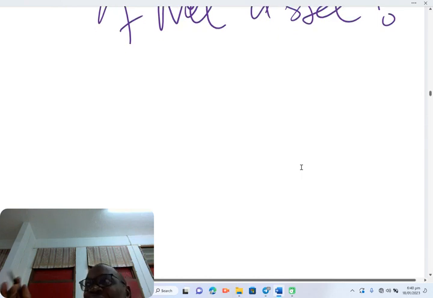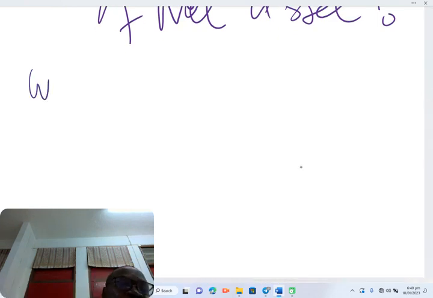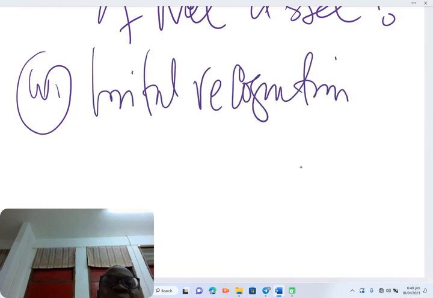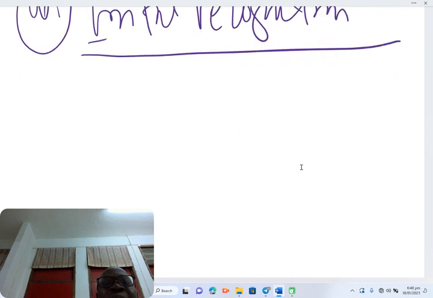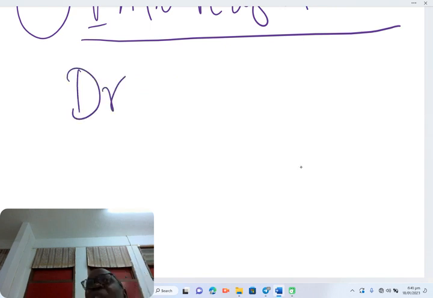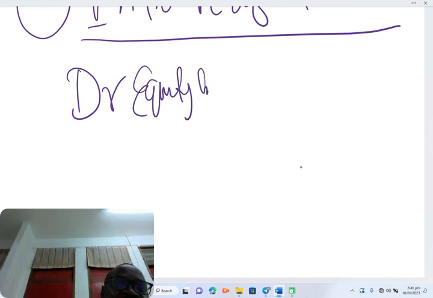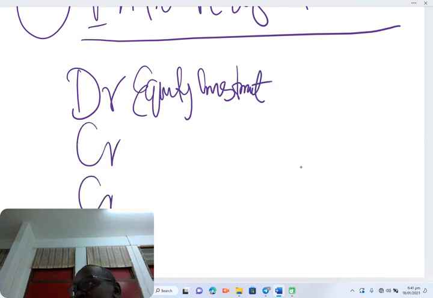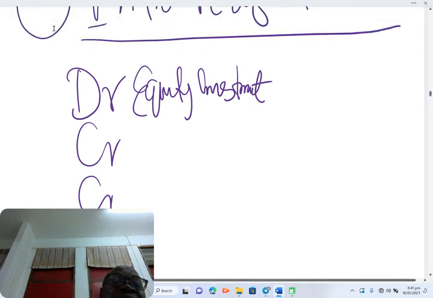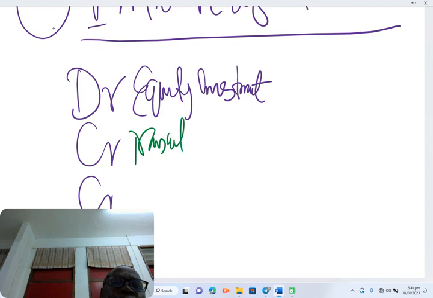Therefore, now what are the key issues? Initial recognition. That is now very important. Number 1, you debit. What do you debit there? There is equity investment. Then you credit 2 items. You credit 2 items. That's where you need to understand. Number 1, there is transaction cost.